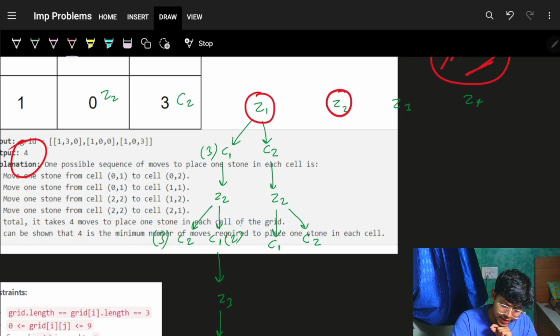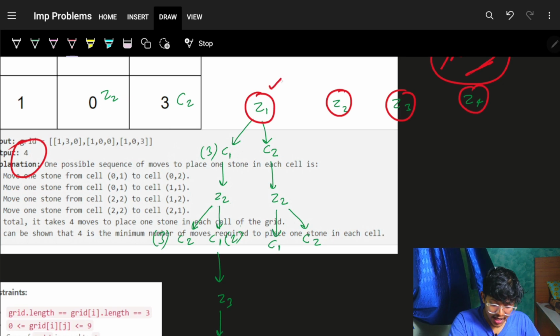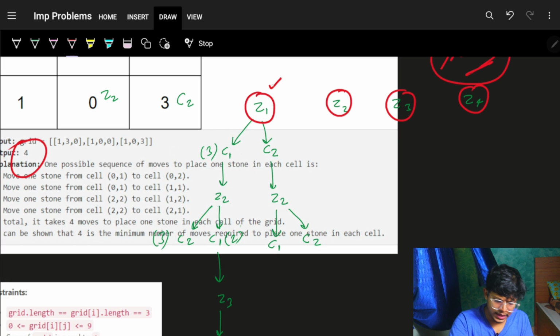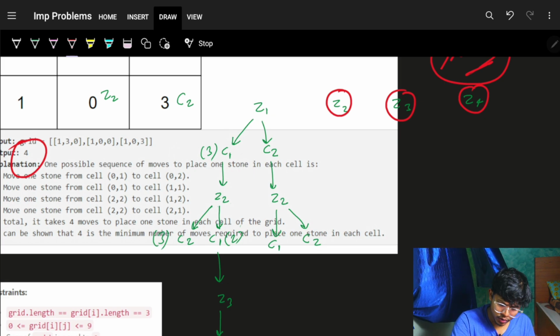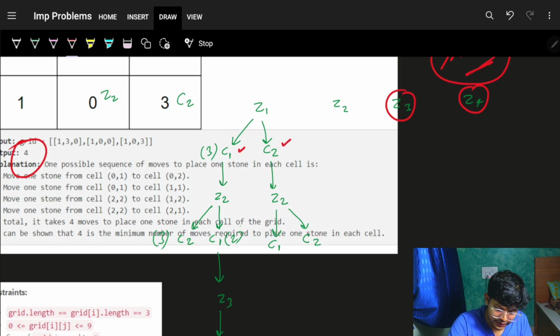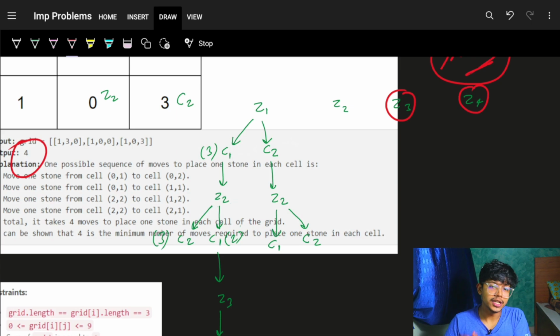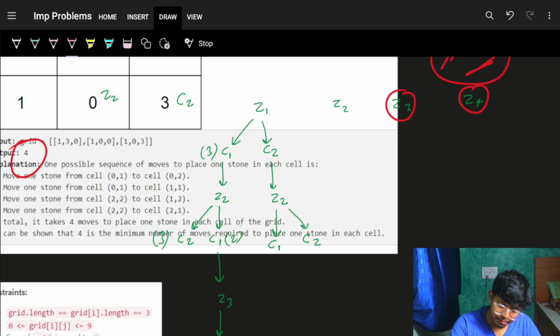I have cells Z1, Z2, Z3, and Z4, and I'll repeat the same process for every cell, which means I started off with cell Z1, and then I will have to go to cell Z2, and so on and so forth. But when I say start off, I actually mean I assigned either C2 or C1 first to cell Z1. You can also memorize this stuff, but that would not be required. I'll show you why, because the complexity is pretty low.